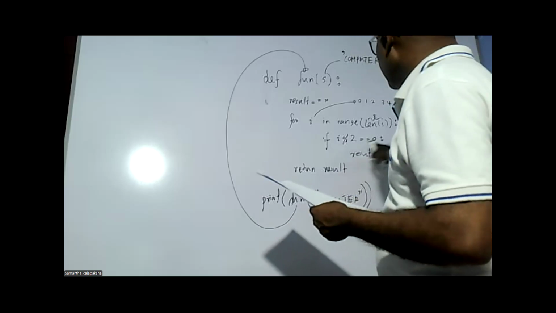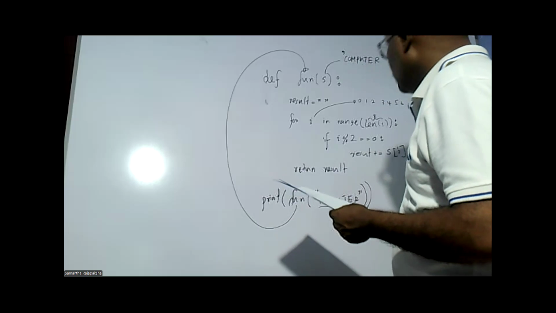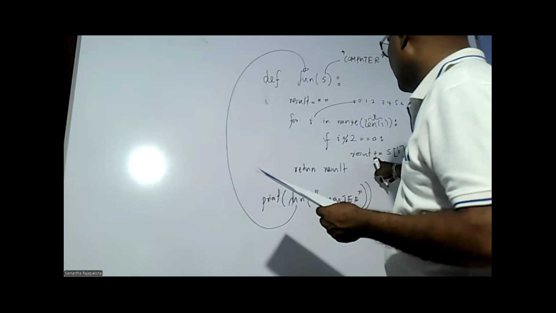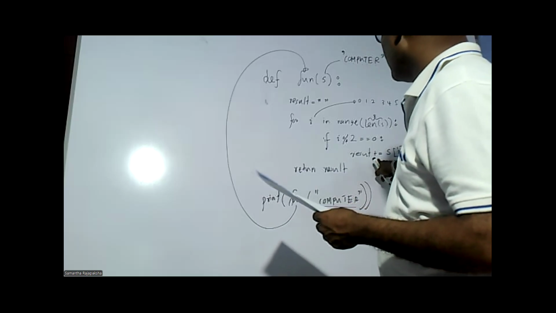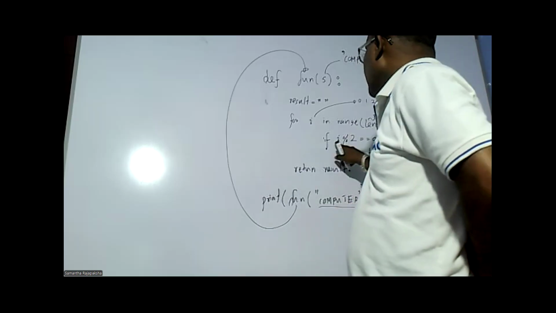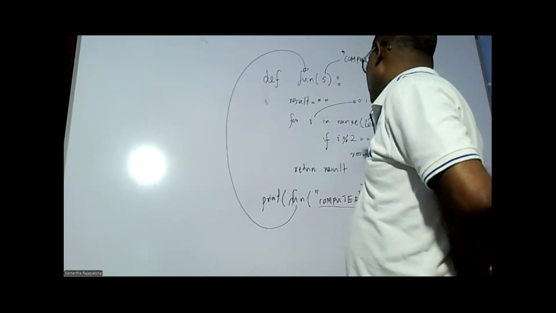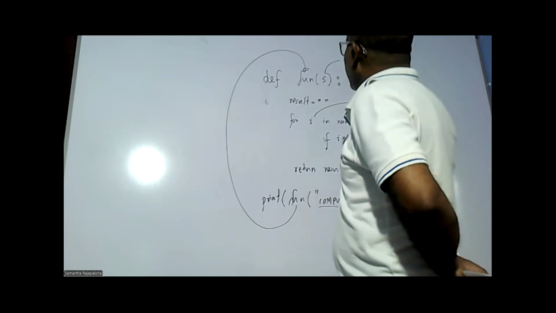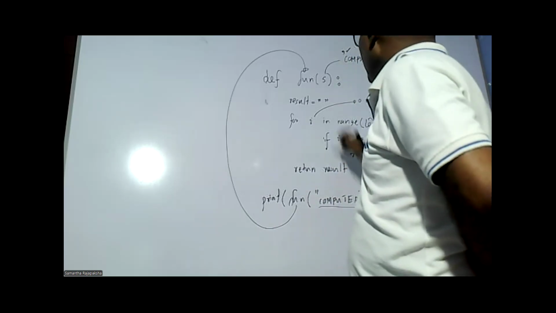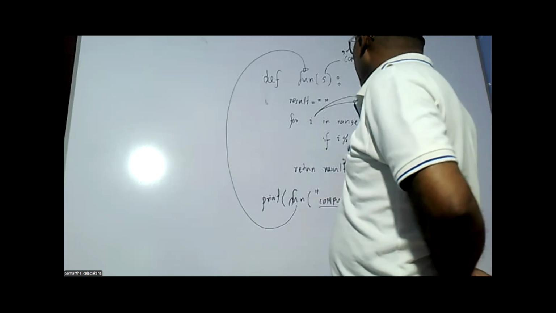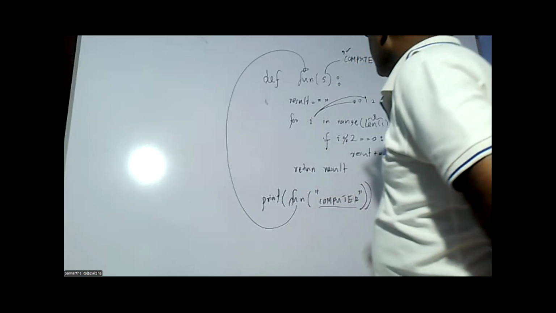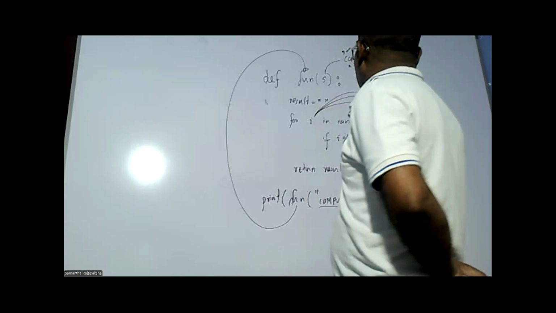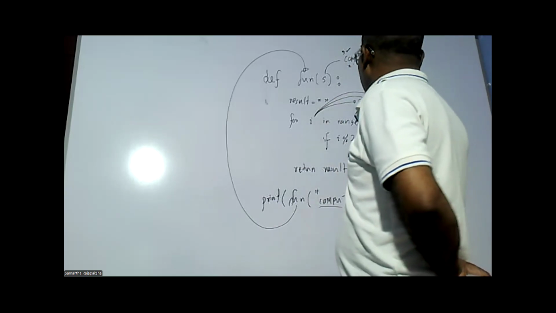Divide by 2, and if it is equal to 0, what happens? It will be added to this one. That means now take the first value, i is 0. 0 divided by 2, remainder 0 is equal to 0. That means the first element is added to the result. That means C will be added. Next value, i equals how much? 1. Then 1 divided by 2 remainder is not 0. That means the second value will not be added. Then with the next value, i equals 2.